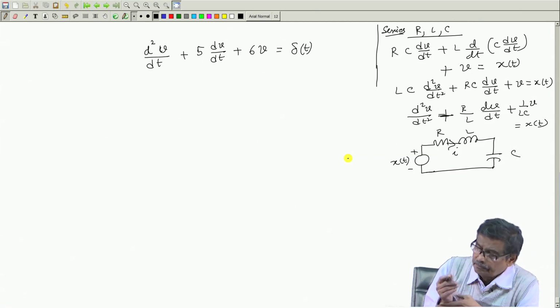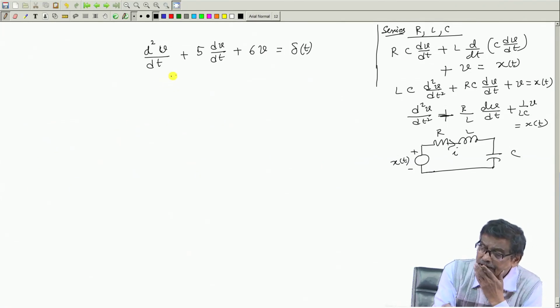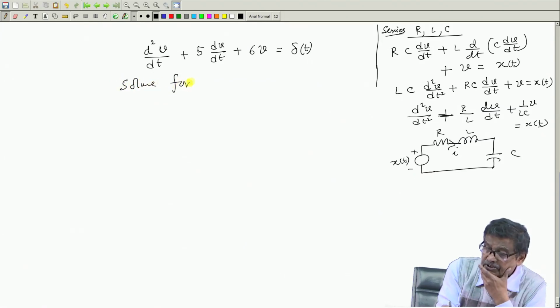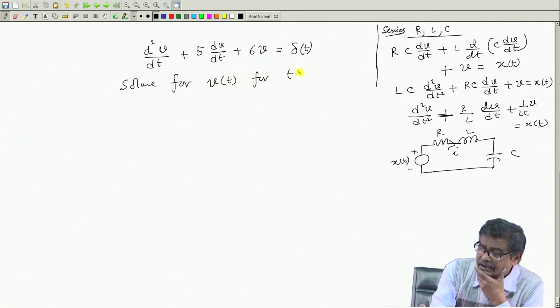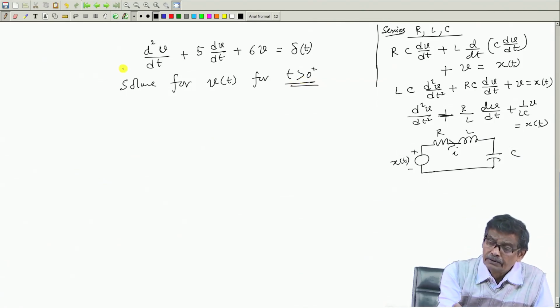Now, in such a situation, I must know what initial conditions I must give. So, what is the problem at hand? Problem at hand will be to solve for v(t) for t greater than 0 plus. And what are the boundary conditions given?